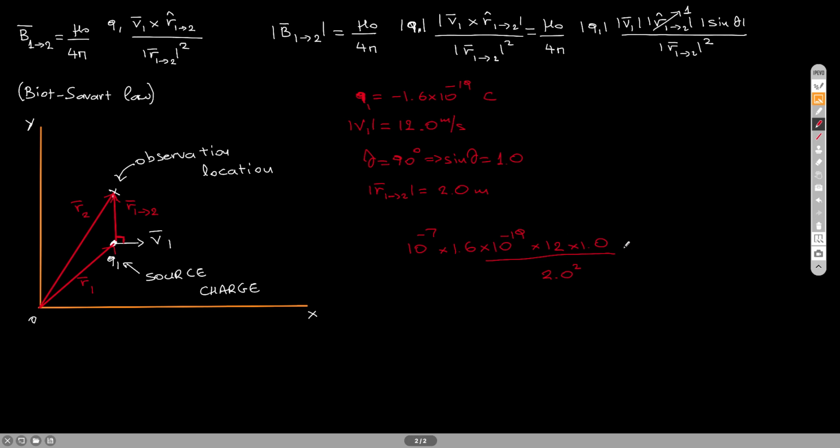Now, the way that I like to do these calculations is to separate the powers of 10 from everything else. So 1.6 times 12 divided by 4 times 10 to minus 26. And then this will give me simply 3 times 1.6.